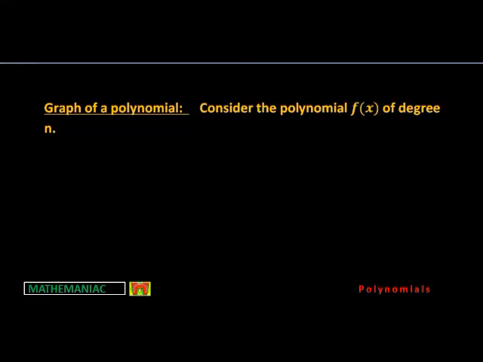Let's move on to the next slide. Graph of a polynomial. It's a very important part again. Consider the polynomial f(x) of degree n. Say one polynomial I have told you, f(x), with some expression here. Let it be there. Now I am asking you to draw the graph of it. To draw the graph of any curve you need a table like this.